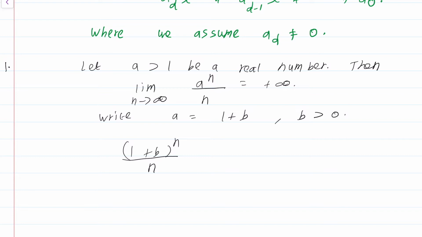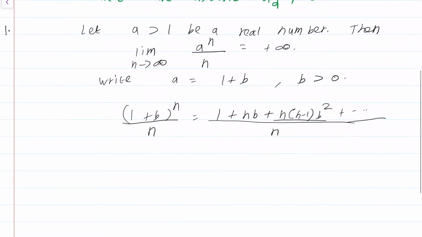This you can see is actually 1 plus nb. Now I need to write one other term because there is an n in the denominator. So I would need to go further along in the binomial expansion than what was needed the last time when we just considered the sequence a^n with no n in the denominator. Plus some other terms, I don't care about what they are, divided by n.